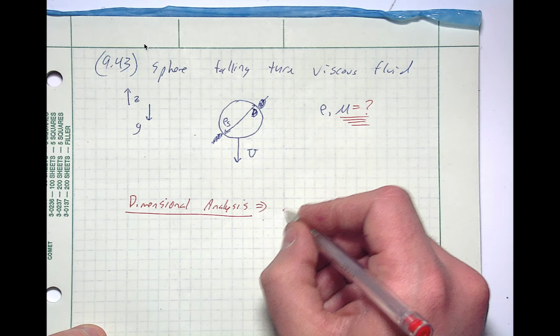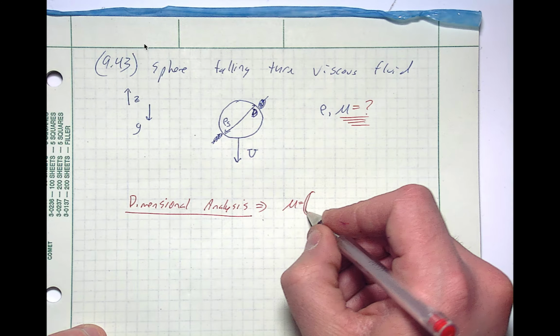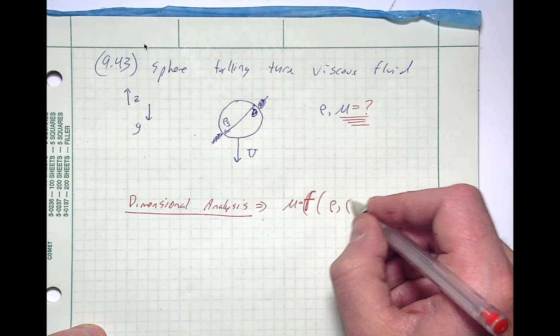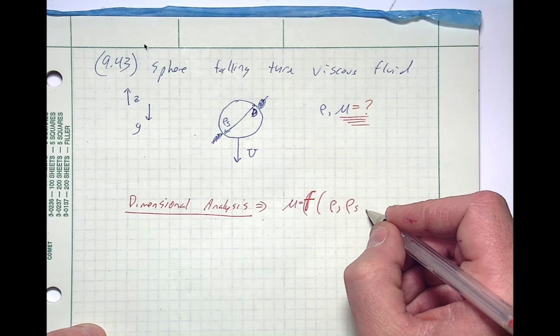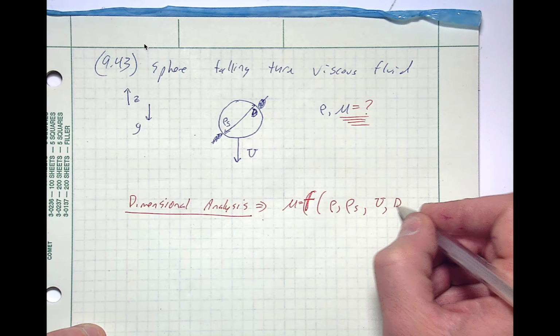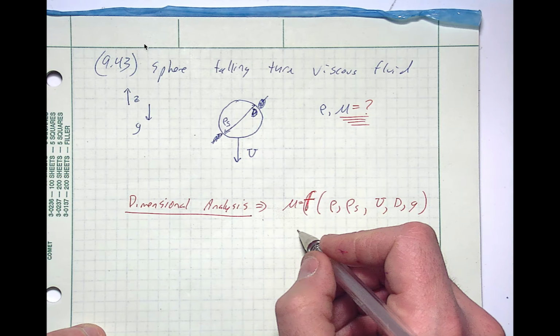Dimensional analysis: our viscosity is some function of everything else. Density of the fluid, density of the sphere, the terminal velocity, the diameter, and gravity.